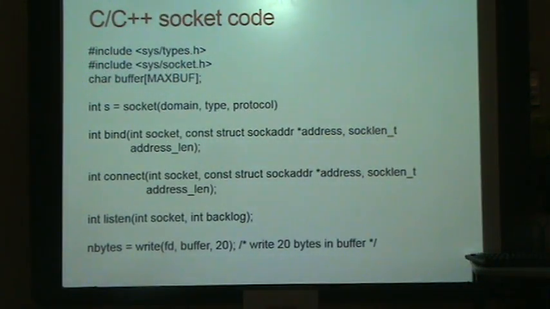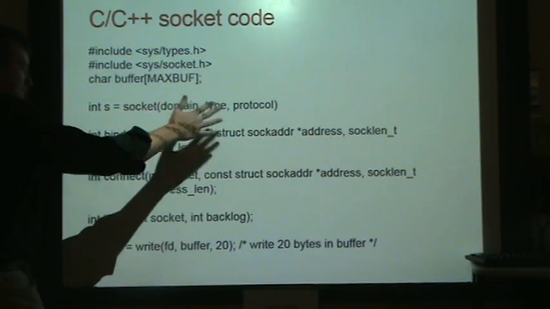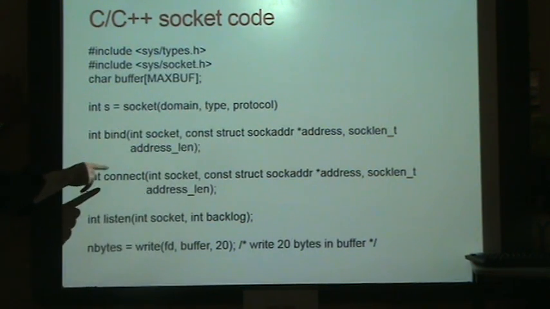And I know this isn't really about coding, but it would be good to see what it looks like in code. So again, this is an example in C or C++ of some socket code. We're taking an integer s, we're calling socket, and then we're binding the socket that we got to a port number.